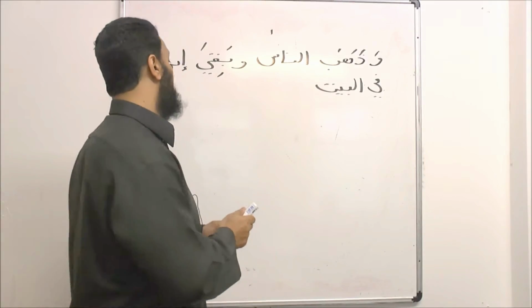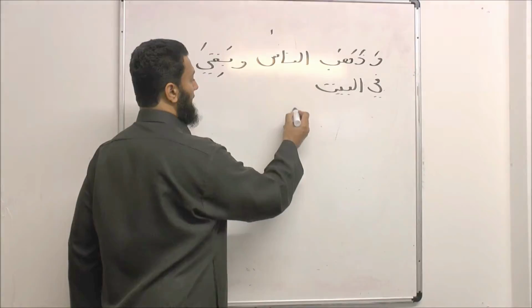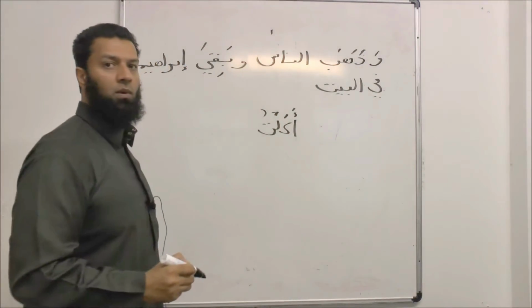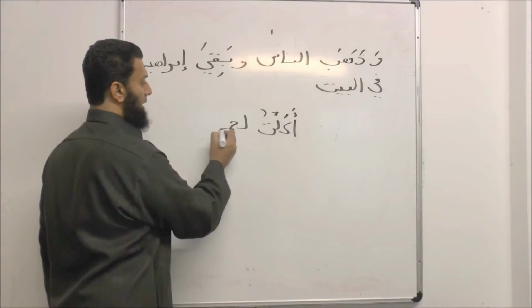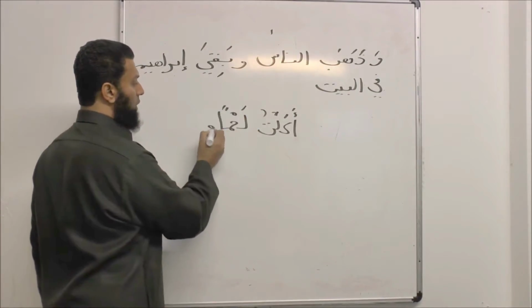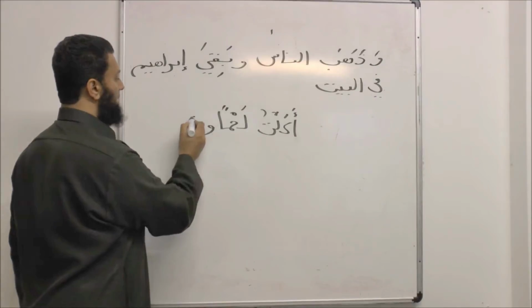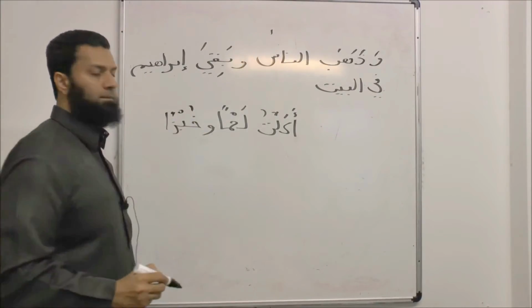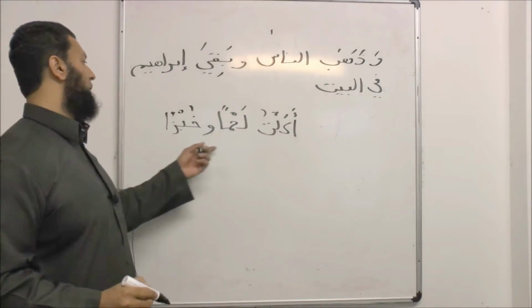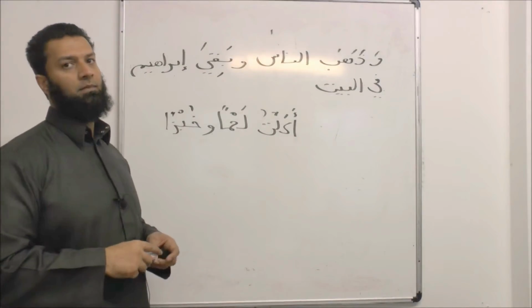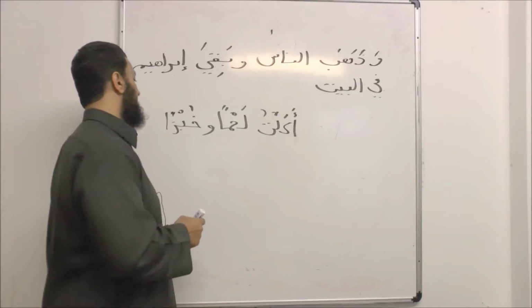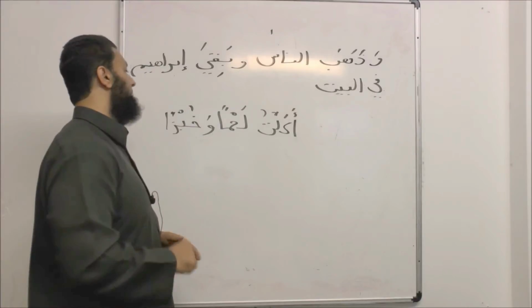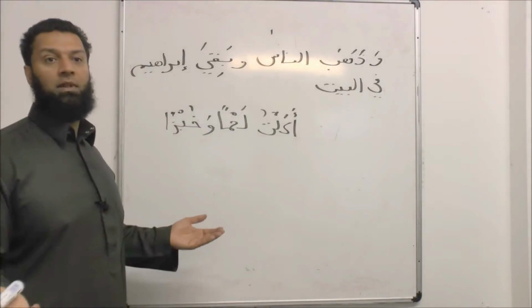So for example, if I say أكلت لحما وخبزا. This waw here is what type of waw? Yeah, Muhammad. It's continuing. Harful atf.